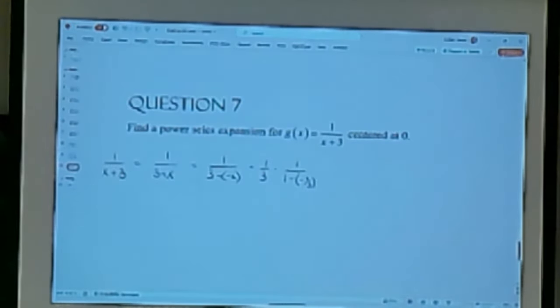We have the 1/3, and we're going to know the power series for this. We know 1 over 1 minus x is going to be the sum of x to the n. But we have 1 over 1 minus negative x over 3, so negative x over 3 to the n, for absolute value of negative x over 3 less than 1. Keep that 1/3 out there for now.